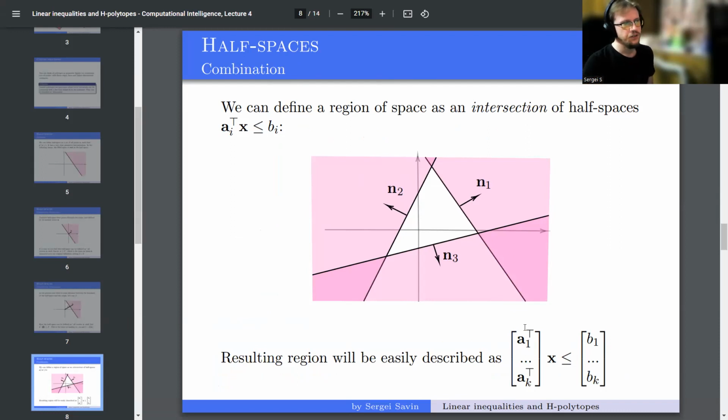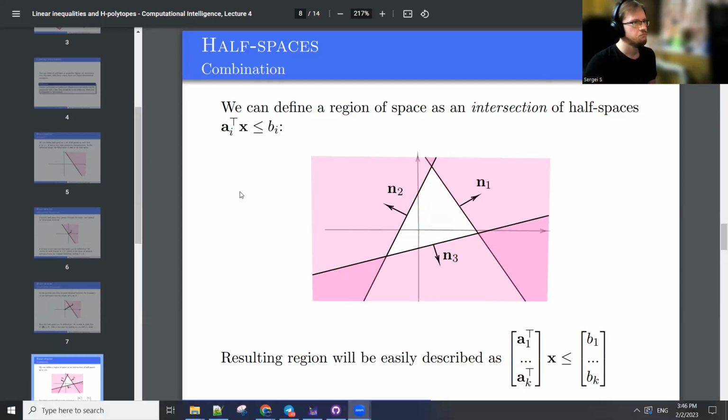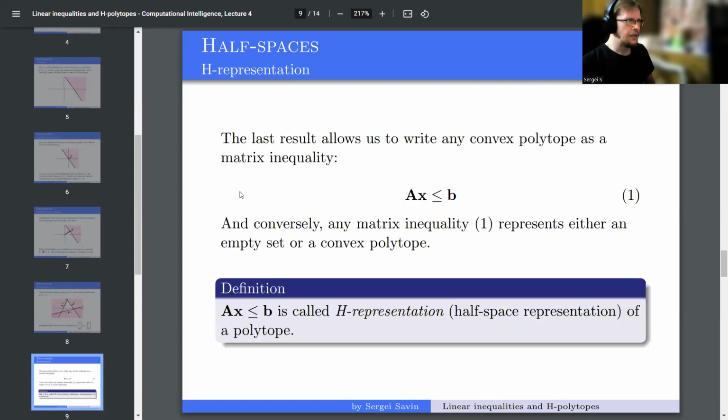And the result is this interior space. So this is actually very good. The result allows us to write a convex polytope as Ax less than or equal to b. That's what we wanted.